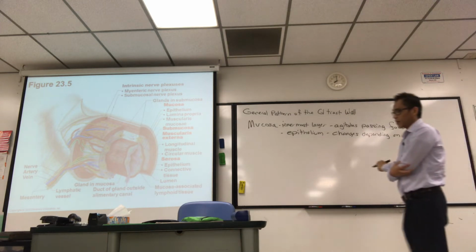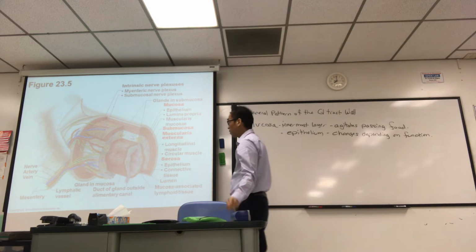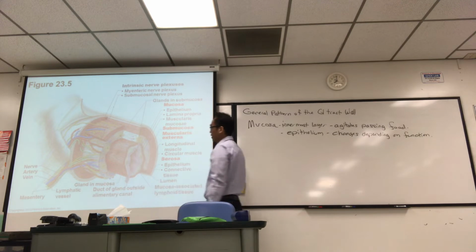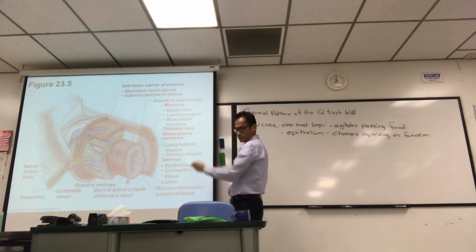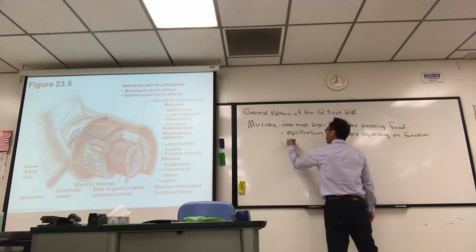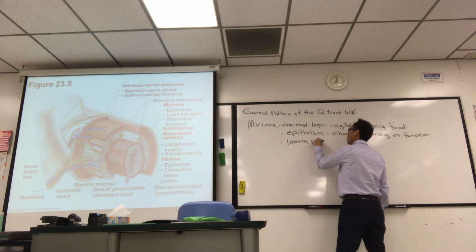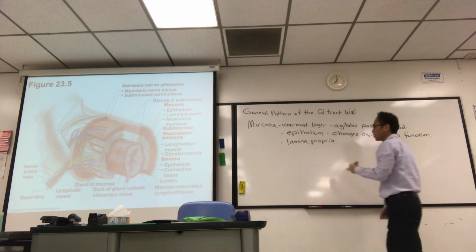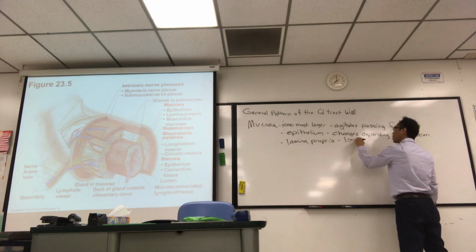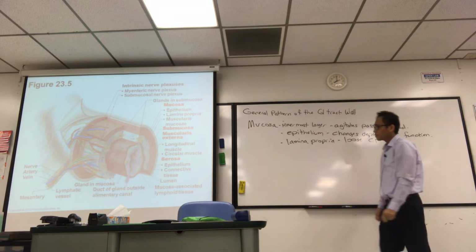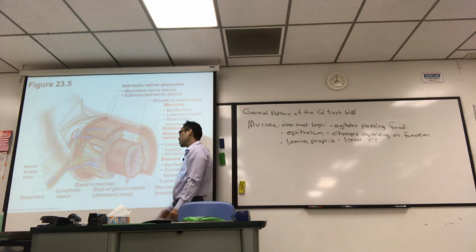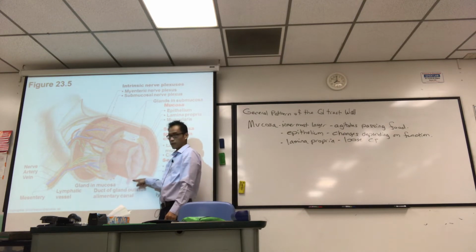Deep to that, going from inner to outer on this figure, the connective tissue that underlies the epithelium is called the lamina propria. And that's just the loose connective tissue. And surrounding the lamina propria, what's unique about the GI tract is the mucosa has its own muscle layer.